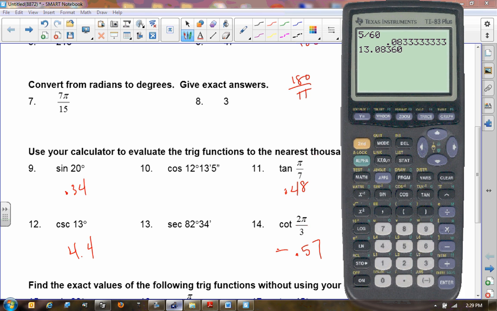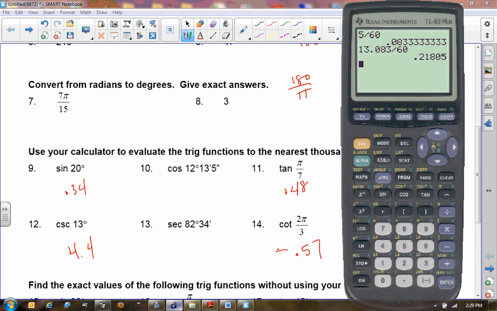This calculator's giving me problems. 13.083 divided by 60.